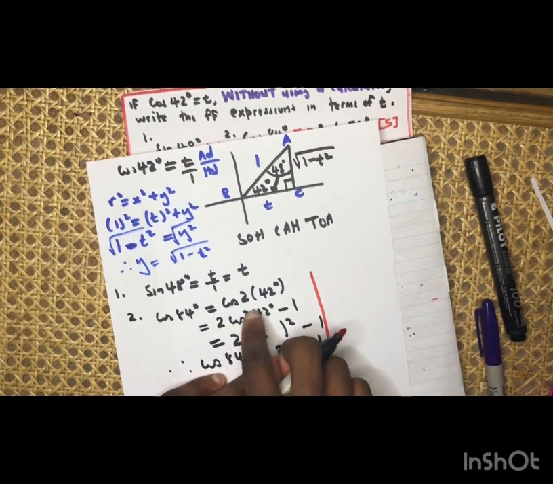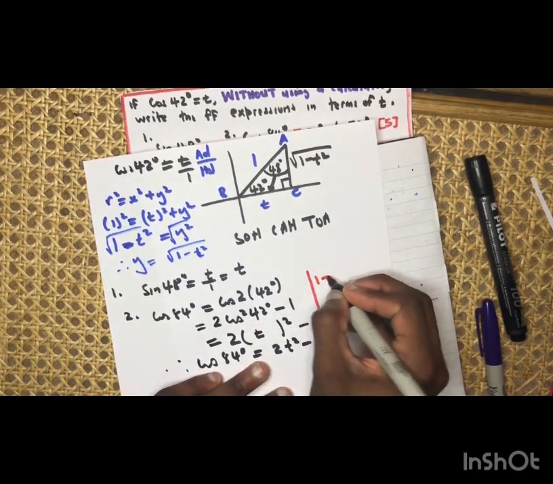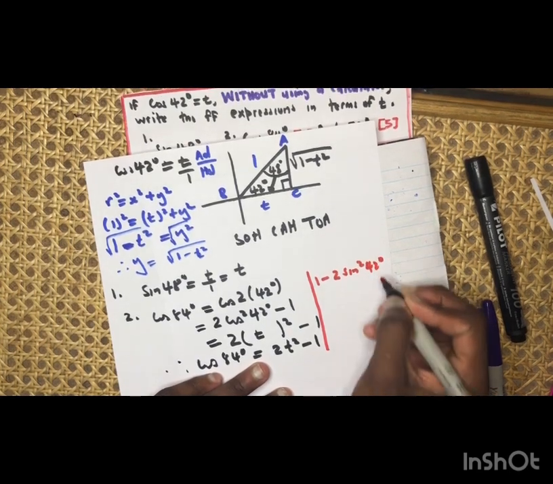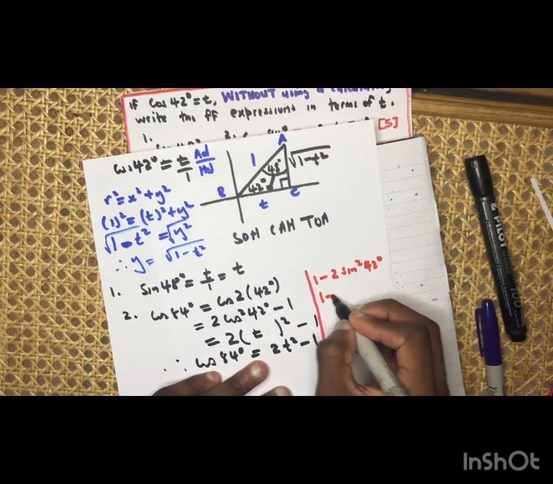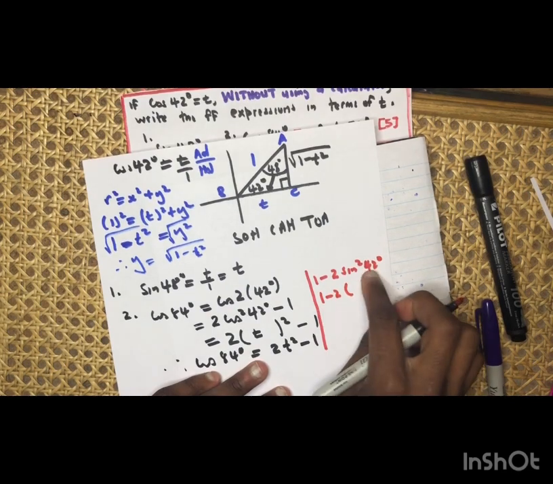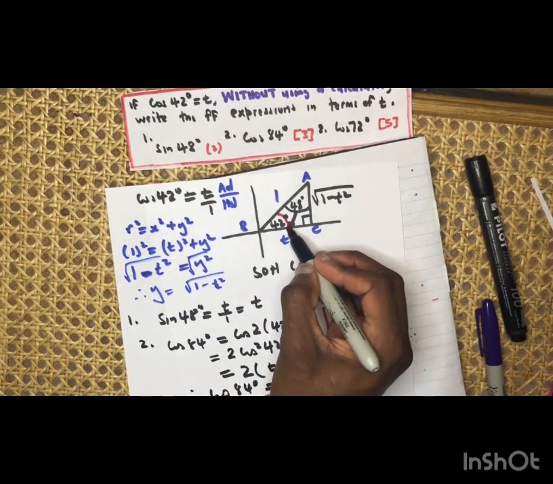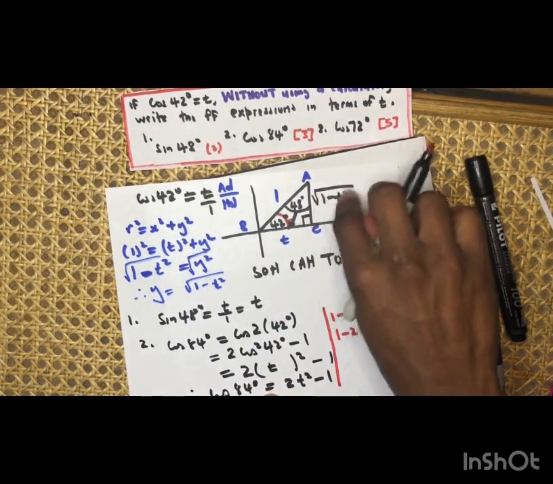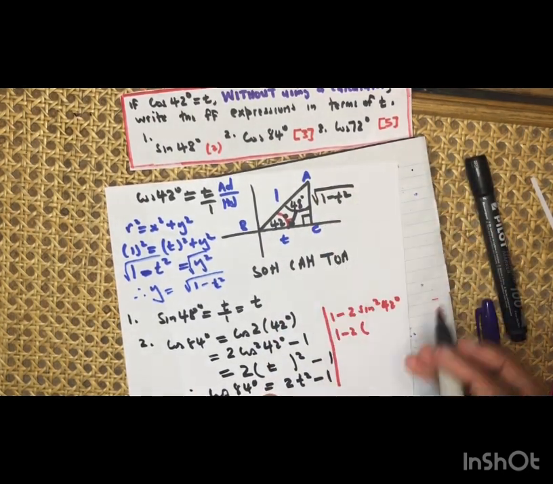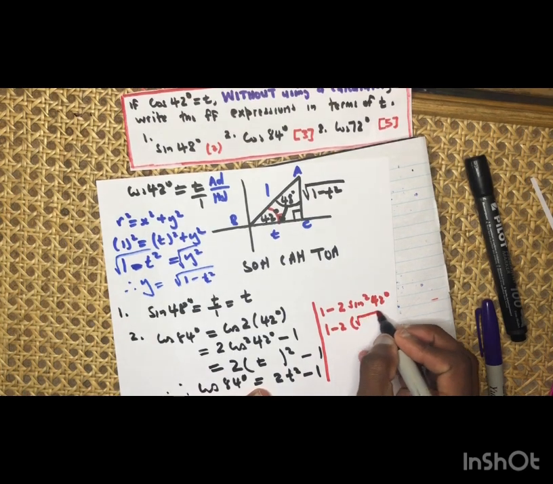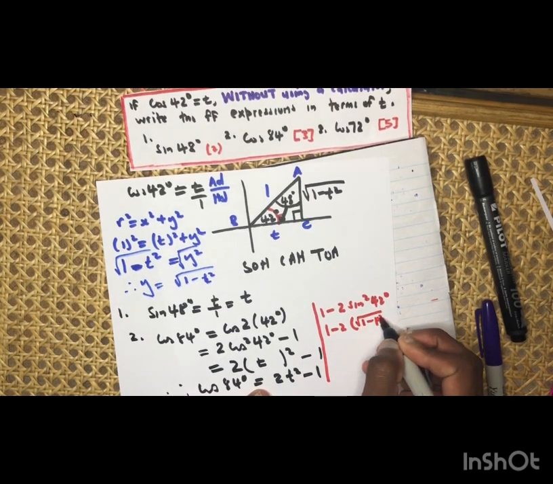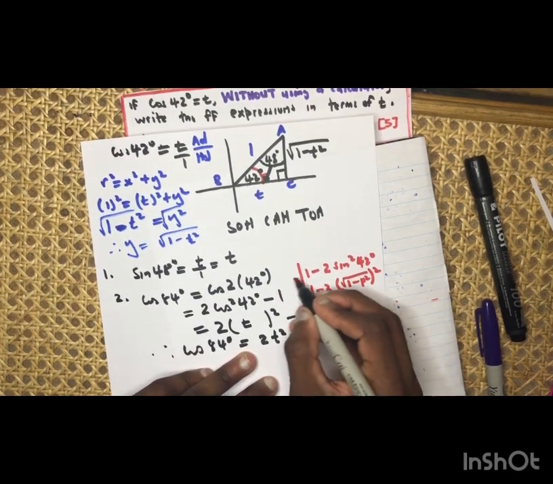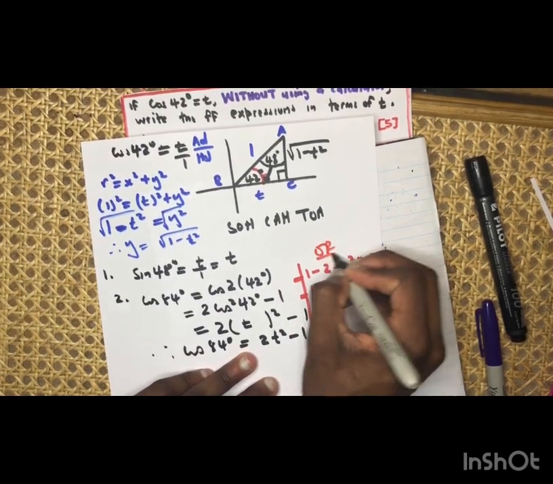Or, guys, if I decided to choose maybe 1 minus 2 sine squared 42 degrees. We know that sine 42, guys, sine is opposite over hypotenuse. So your opposite side is this side. So I'm going to have square root of 1 minus t squared, then all squared. Let me write, or.